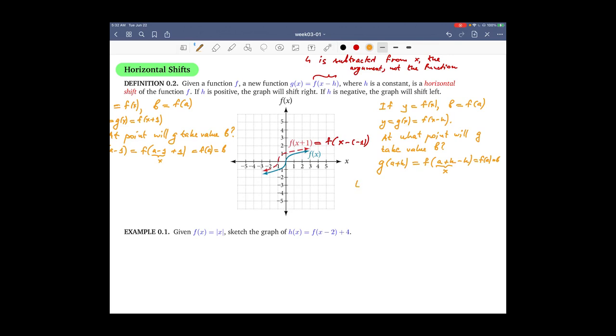For example, if h is 2, and say f at 3 is 7, g now is f at x minus 2. At what point will g take value 7?